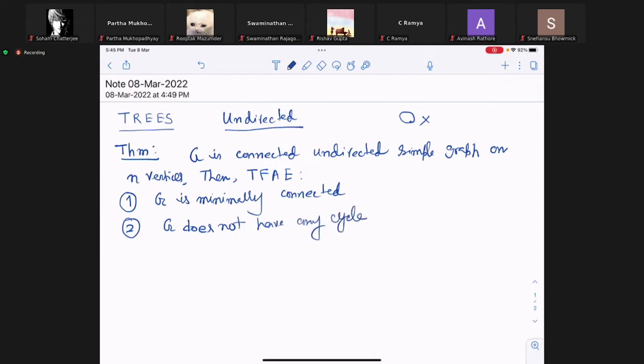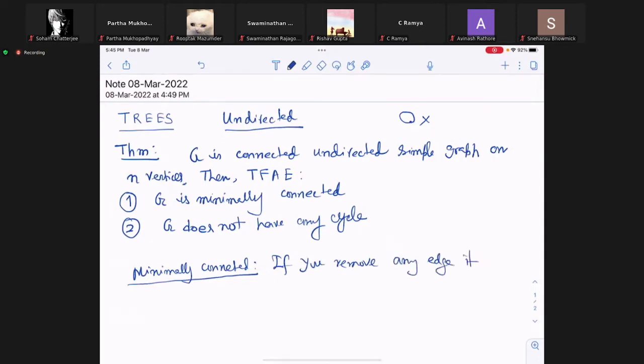So what is minimally connected? If you delete any edge, the graph will split into components.